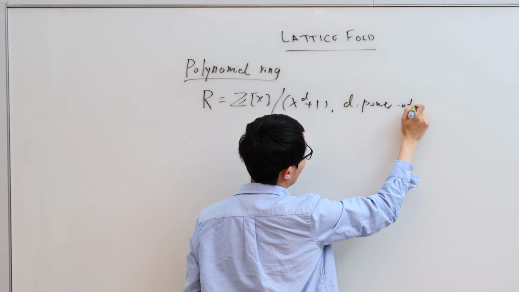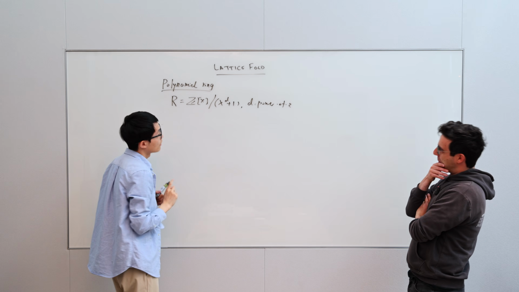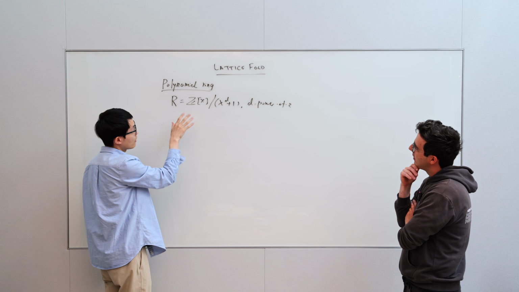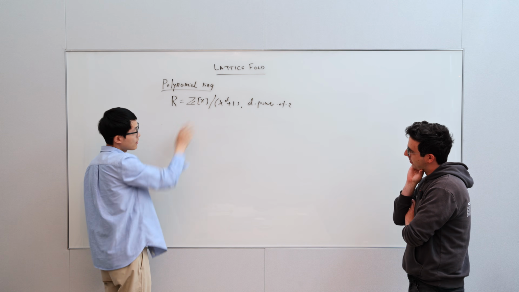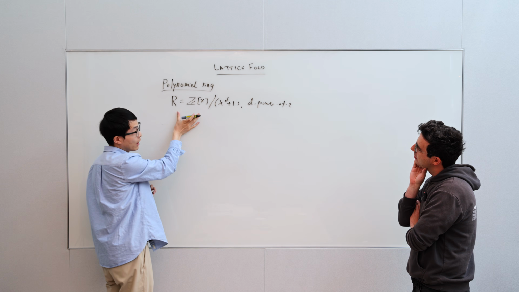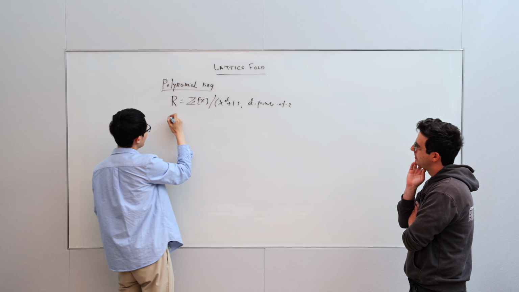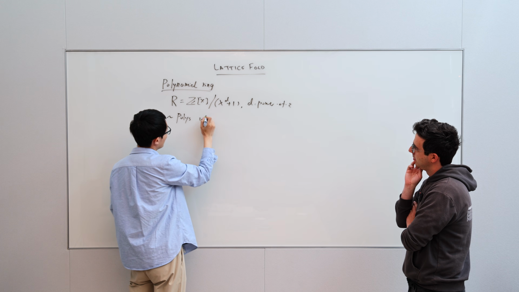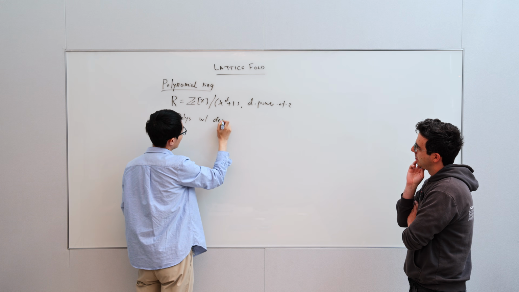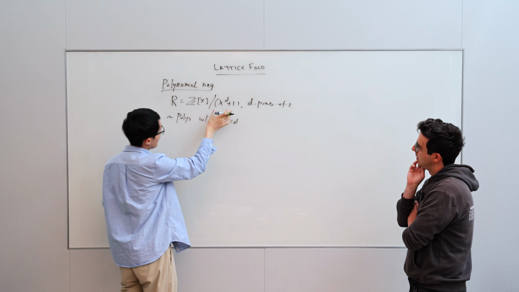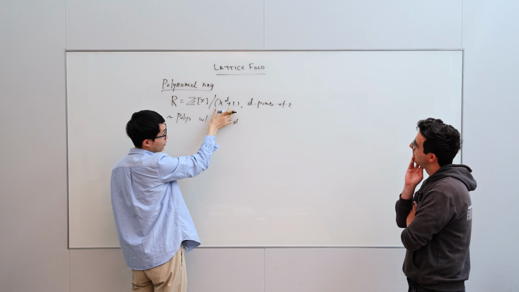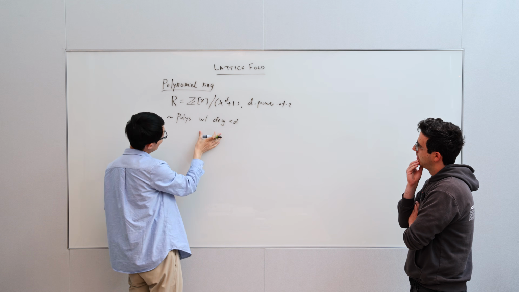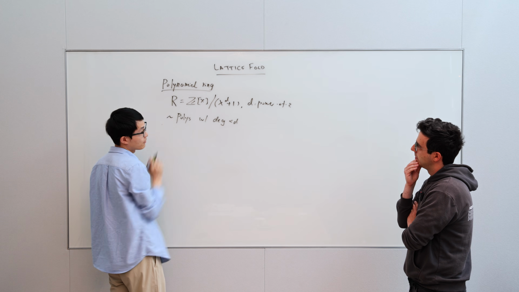I think I know what this means, but let's carefully define what this is. So maybe I can give you some intuition for what exactly this means. First, this can be understood as a set. You can understand this as the set of polynomials with degree less than d, because every time you take the modulus, you get a polynomial of degree less than d, where all the coefficients are integers.